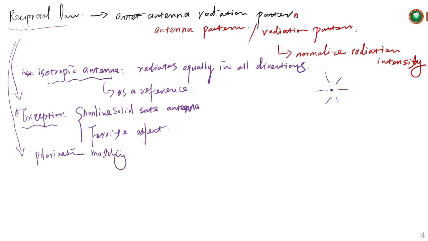That means the transmitter side generates one polarization and it should be collected by the antenna at the receiving side with the same polarization, all right?